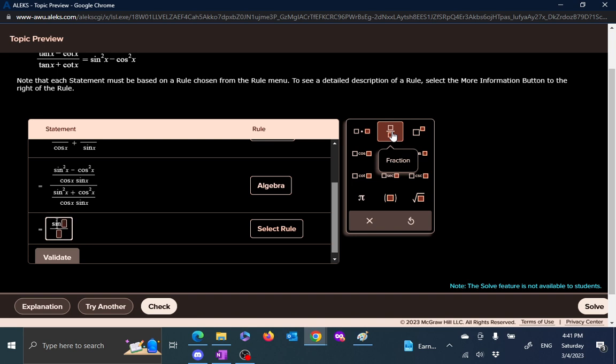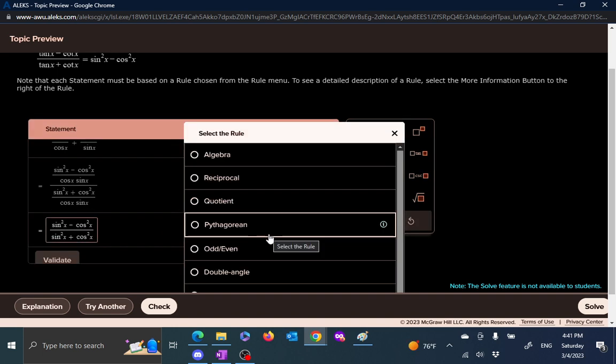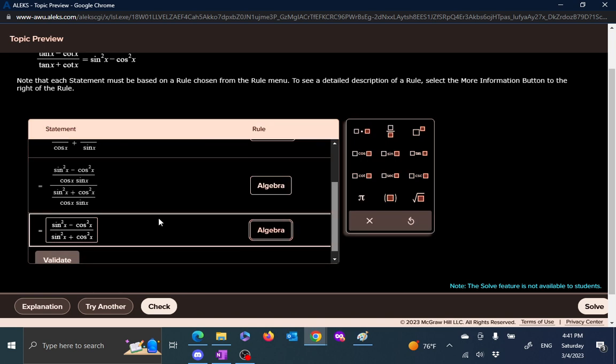In the numerator is going to be sine square of x minus cosine square of x. In the denominator is sine square of x plus cosine square of x. So what did we do? We did another set of algebra.